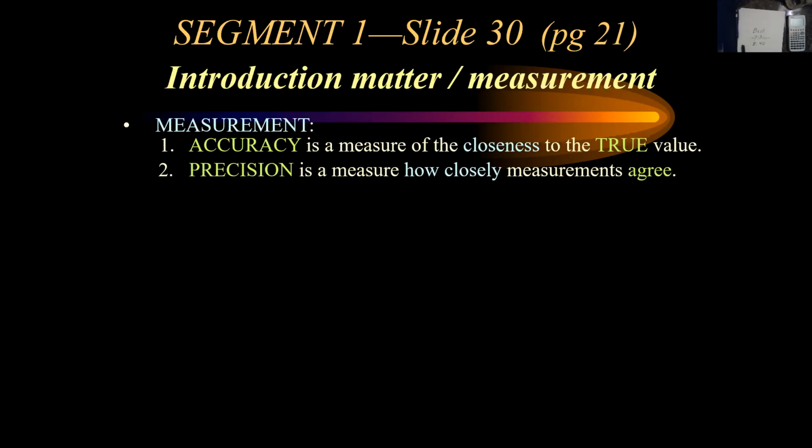And we will believe that if I've got a lot of measurements and all of them are almost the same number, I'm going to believe the true value is somewhere close to that. So I'm going to average all those values, and that will give me an estimate of what the true value may be, but it'll also tell me the spread of my measurements, and that is precision.